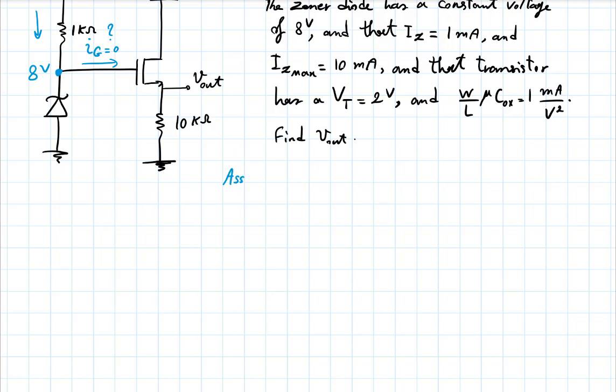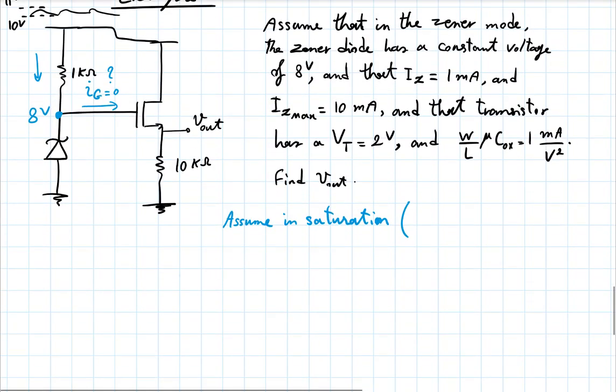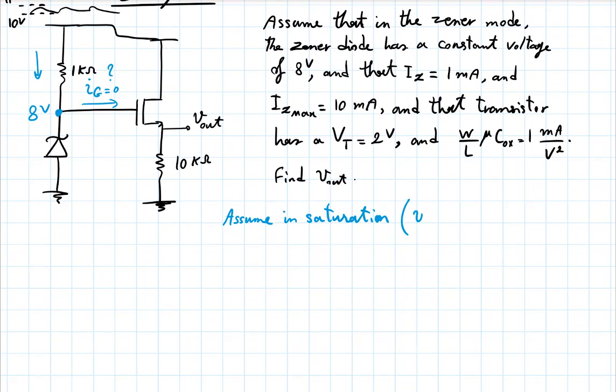Start by assuming that you are in saturation, which means your VDS is greater than VGS minus VT.